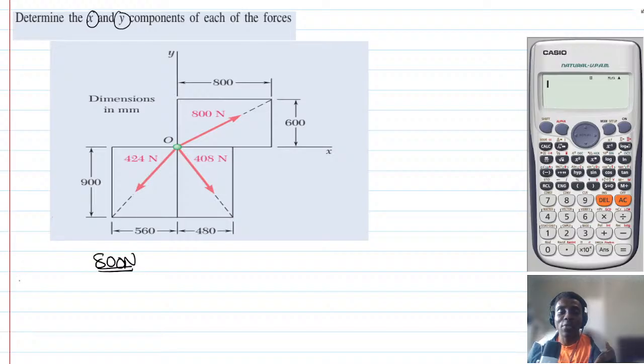So to get the x, it's very simple. A simple way to do this is, let me do it this way. First of all, find the angle here. When you find the angle here, that's going to be what? So tan inverse of 600 over 800.